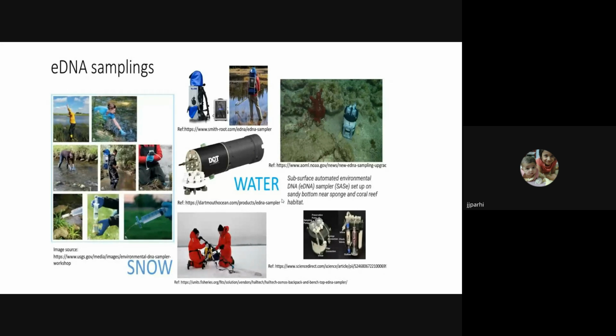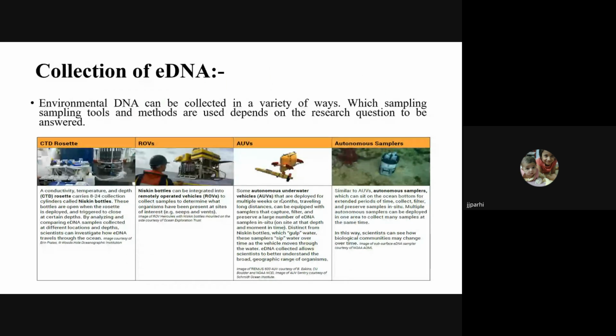In simple terms, in water we use four types: CTD rosette, ROV, AUV, and autonomous samplers. In the first case, we use Niskin bottles.